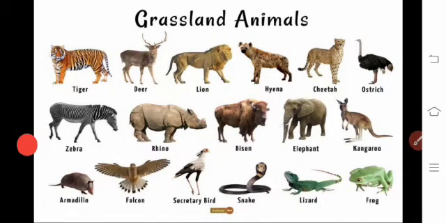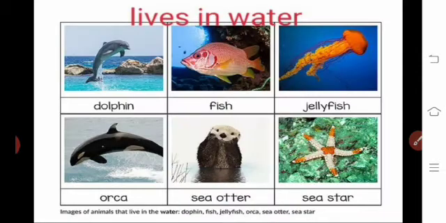You see in these pictures, tiger, deer, lion, zebra, like so many animals are given. Those animals live on land. You see, dolphin, fish, jellyfish, horse, sea otter, sea stork, they all live in water.